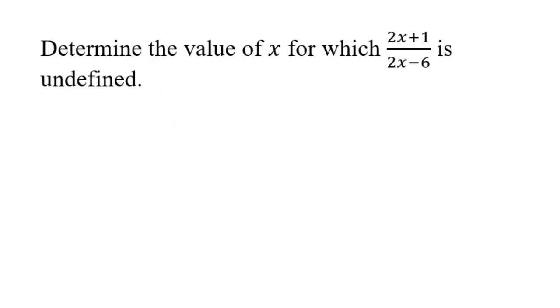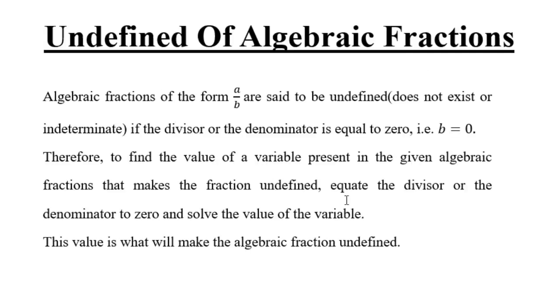As we said earlier, for an algebraic expression to be undefined, it should always be in a fraction form. Now to determine the value that will render it undefined, we need to equate the denominator or the divisor to 0, and then we solve for the value of the variable present.